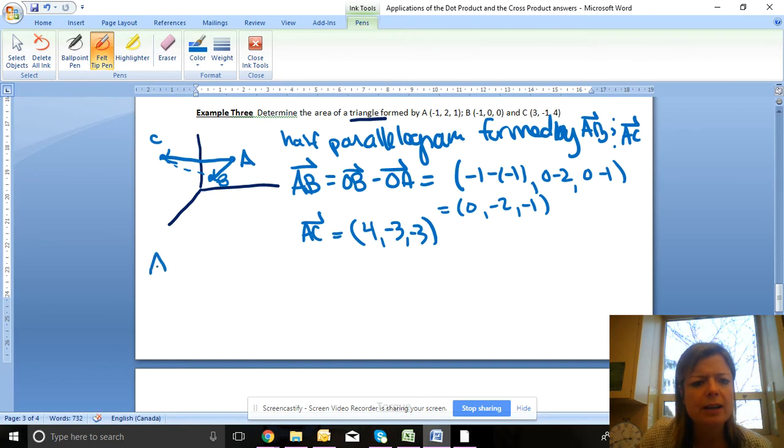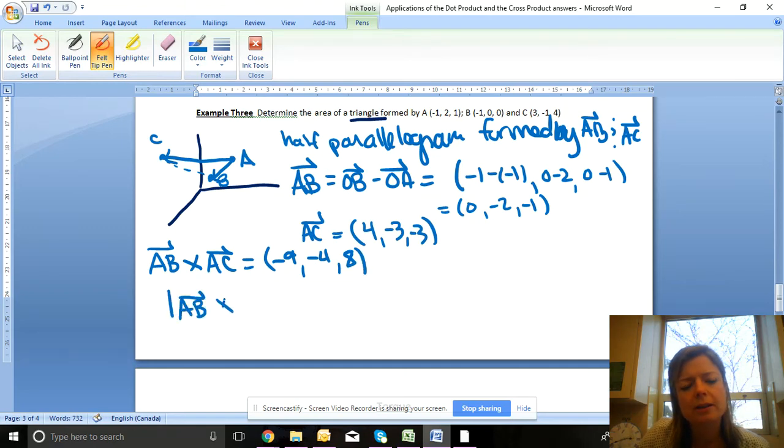So now we cross AB with AC, okay? You can set up your variables, do the whole cross product, and you get -9, -4, 8. Then you find the magnitude of that cross product.